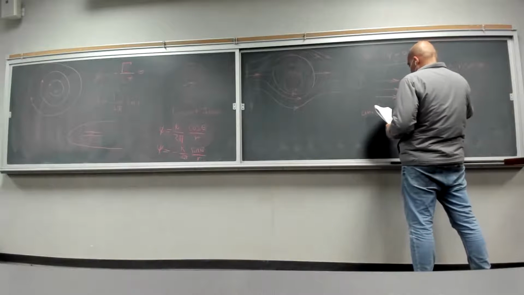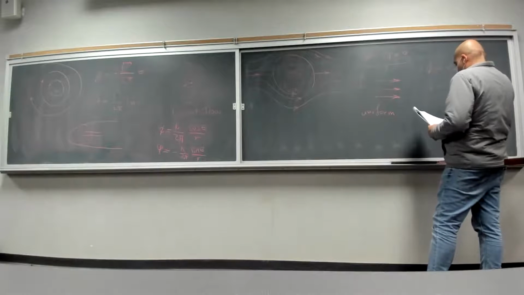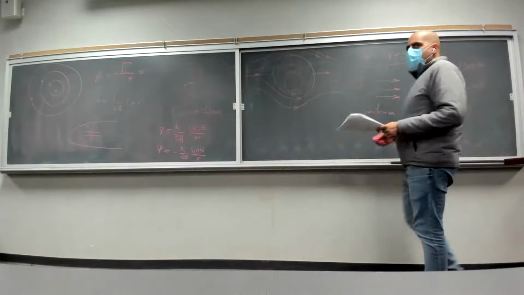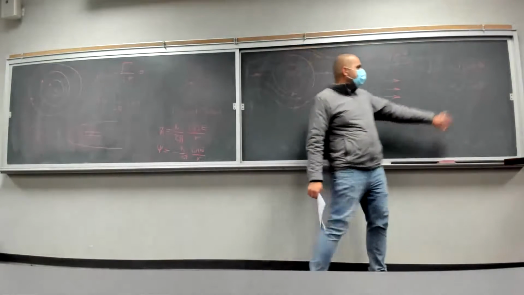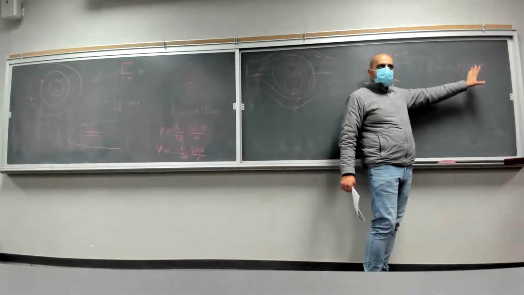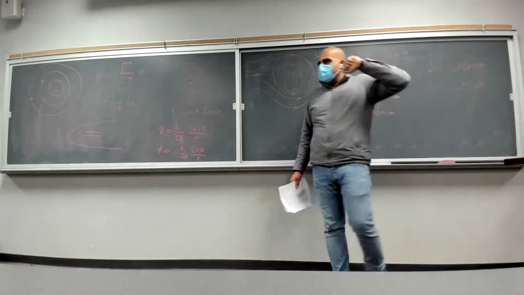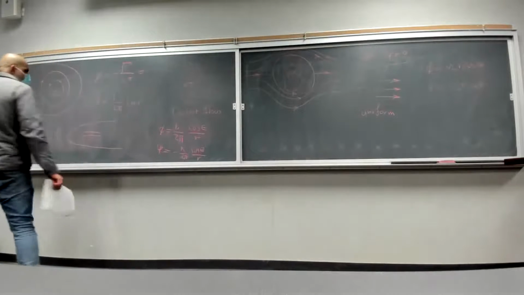And your psi is V infinity r sine of theta. Okay, just make sure. I think I said the wrong sine and cosine here. If it's the wrong one, make sure to correct it in your notes. But you will get the correct one in your book anyways.